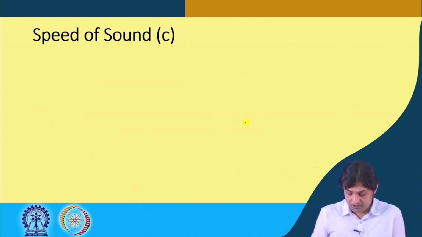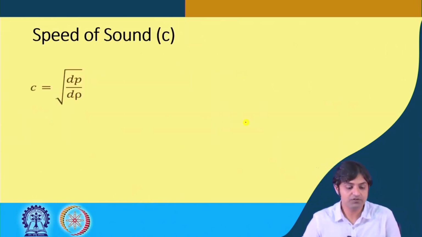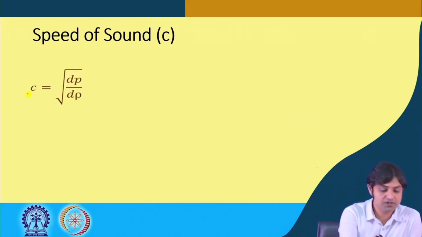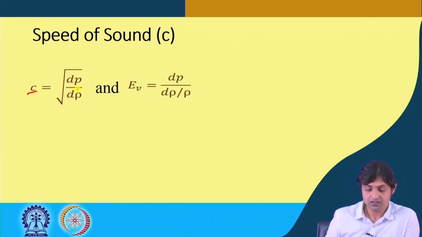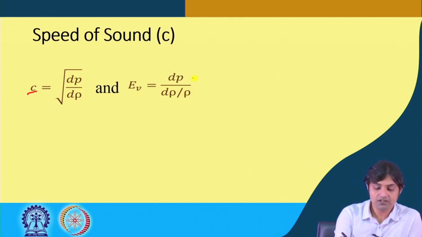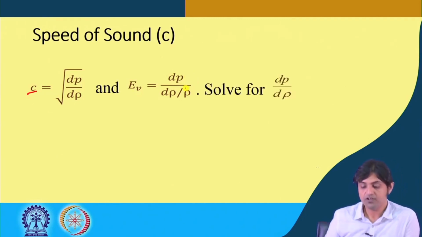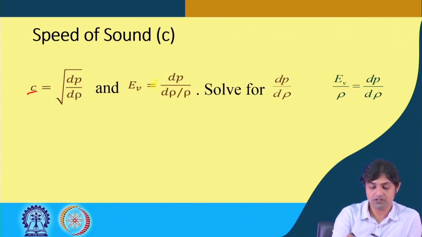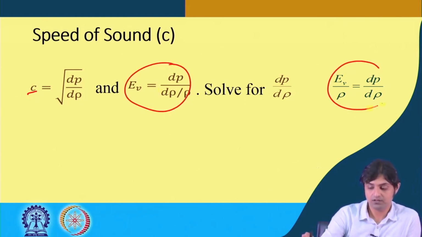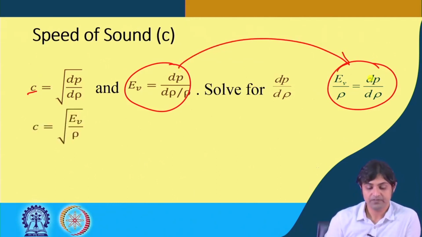Another important thing that we should be aware of is speed of sound. Speed of sound C is given as, this is the formula, dP by d rho, and EV we know is dP divided by d rho, divided by rho. Now we have to solve for dP by d rho. We already know from this equation that EV by rho can be written as dP by d rho, right?